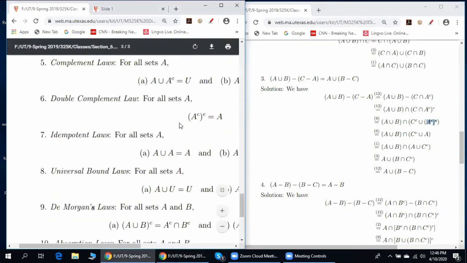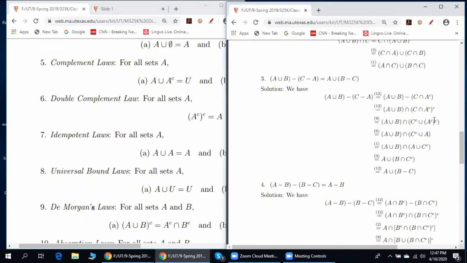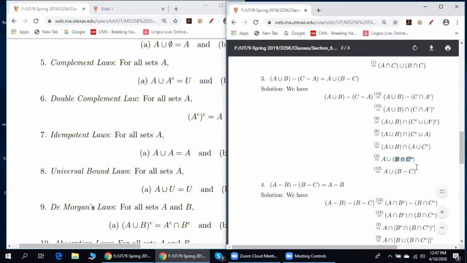Then we use double complement law in order to rewrite A complement complement as A. Then we use commutativity to switch positions. Lastly, we factor out A by distribution and replace this by B minus C by law 12.